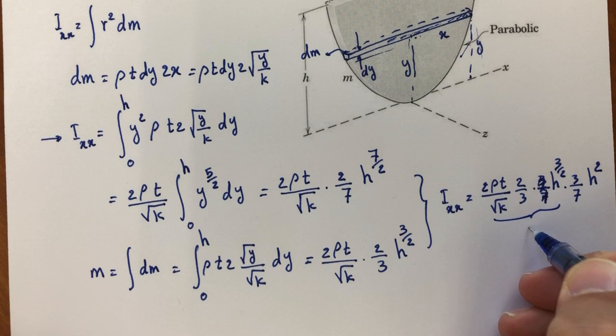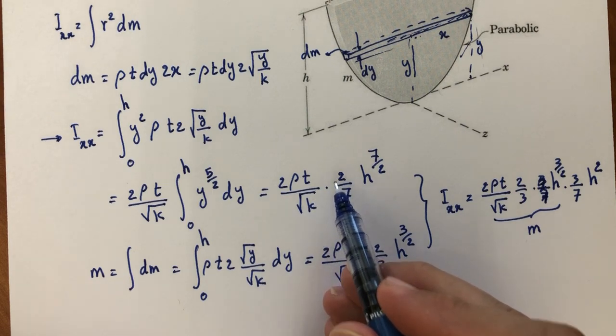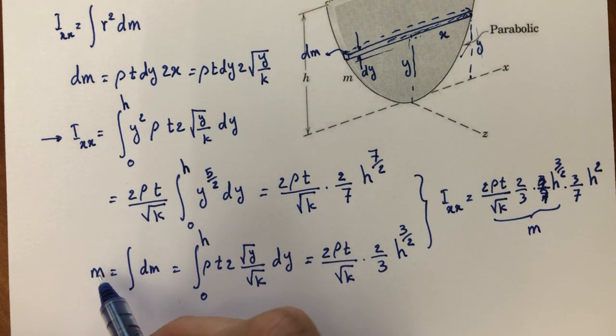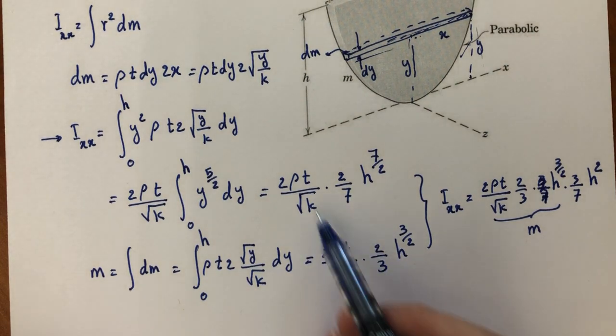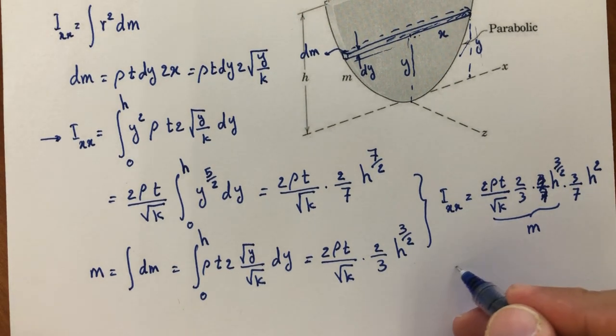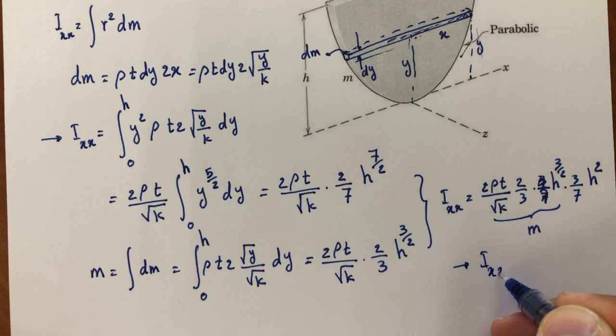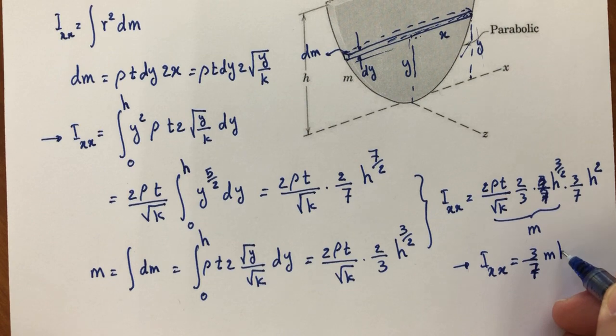And this is mass, right? The only thing I did here, I separated these terms from this. The other way you can do it, just calculate Ixx over m. Then you need to divide these two together, and a lot of these terms are going to cancel out each other. Then the remaining is going to be 3 over 7 h squared. Anyhow, Ixx is going to be equal to 3 over 7 times mass times h squared.